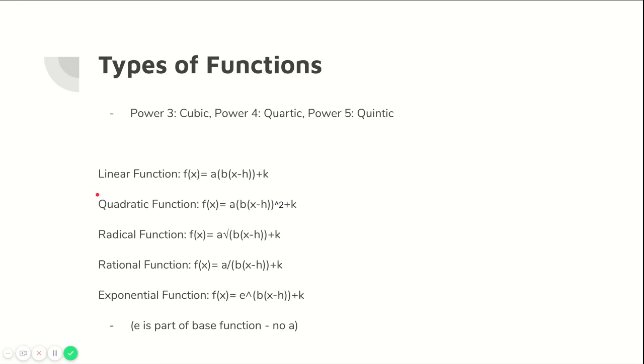So I'm just going to be going through the rest and talking about what the small differences are. So the quadratic function has a difference because it is to the power of 2.